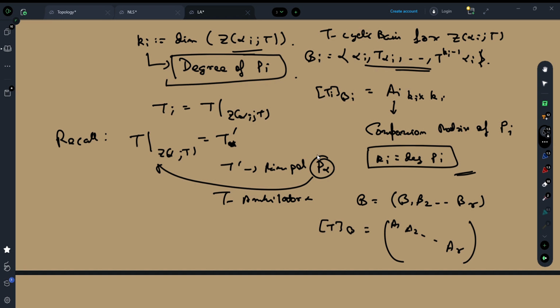Each of these Ai's are companion matrices of the respective T-annihilators, and this matrix is what we call the rational form. So to calculate the rational form, what we need is basically the respective T-annihilators in order of the cyclic decomposition of the given finite dimensional vector space. That's all we need.